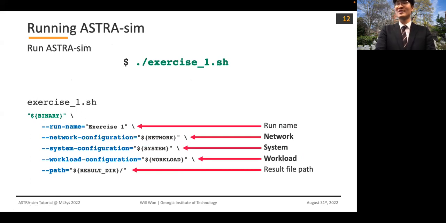We should now call ASTRA-sim with the created input configuration files. This is a simple script, exercise 1, that's being offered, which is nothing but running ASTRA-sim with the run name exercise 1, and I'm just designating the created network, system, and workload input files.